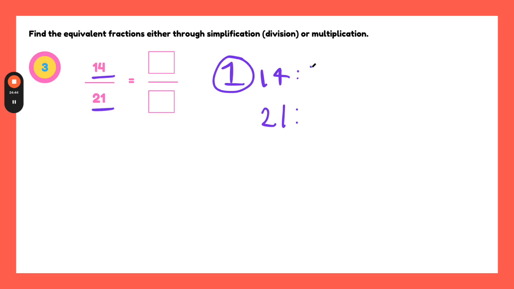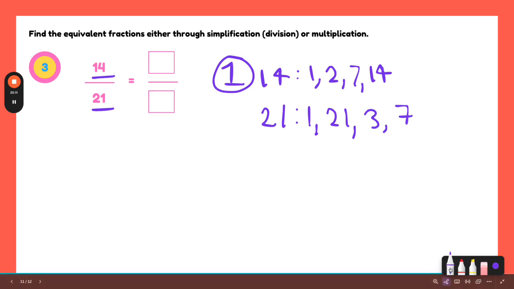So we have 1, 2, 7, and 14. And for 21, we have 1, 21, 3, and 7.